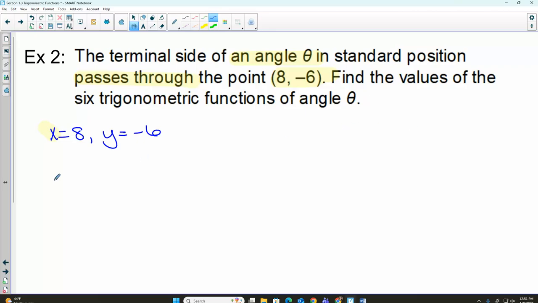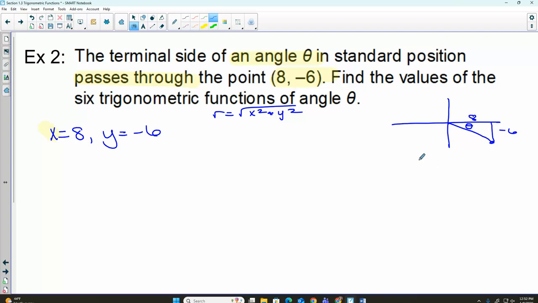If you want to find r, you can use the formula. We said r is the square root of x squared plus y squared. If you don't remember that, draw a picture. 8, -6 would be over 8 and down 6. So this would be like my triangle here.